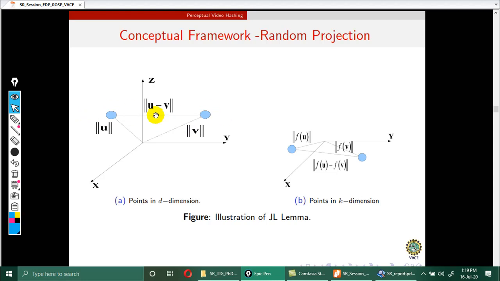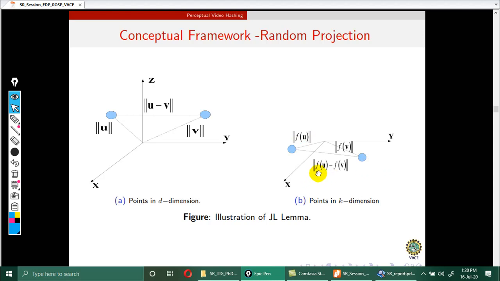We are trying to measure the distance between them, which is represented here. Suppose these are points in d dimensions, that is, in higher dimensional space. Now we use a random projection technique and map these high dimensional points to a low dimensional space. Let me consider only 2 dimensions, the x and y axes. Now I have reduced them, represented as f of u and f of v.